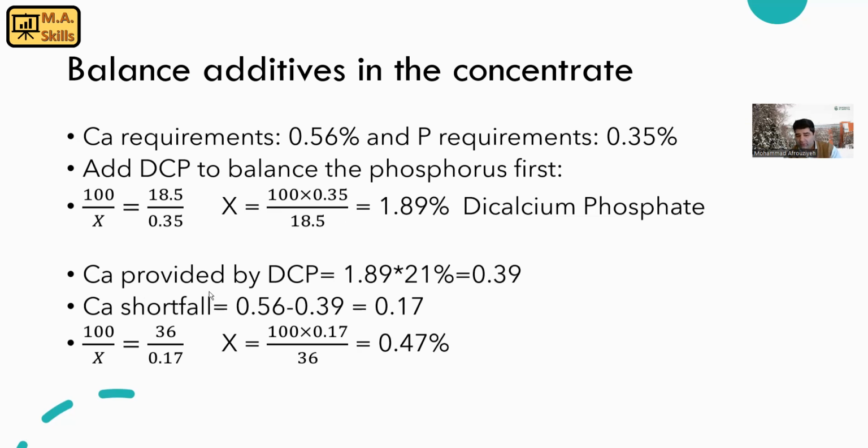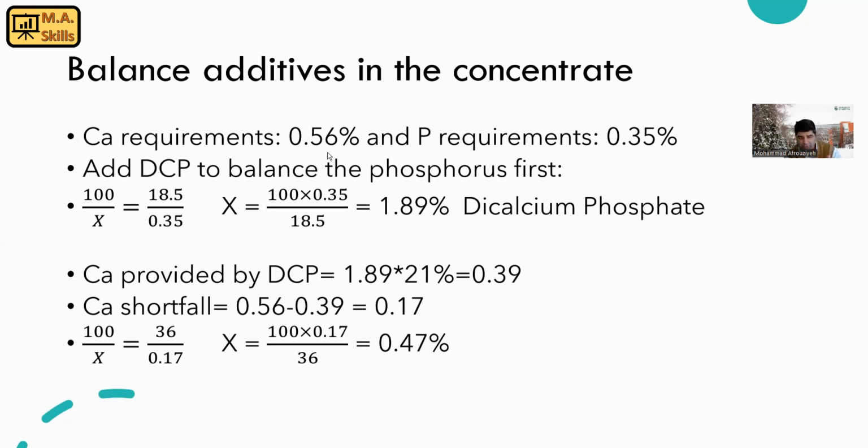So calcium provided by DCP equals 1.89% dicalcium phosphate we're gonna use times 21% calcium. It's gonna give us 0.39% calcium. So we need to take this away from our calcium requirements because this much is provided already by dicalcium phosphate.